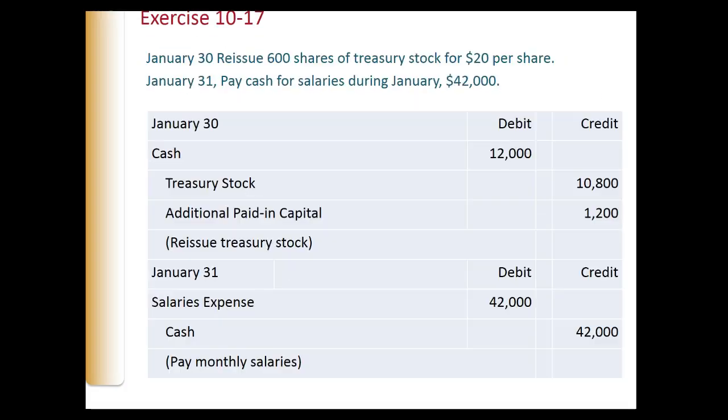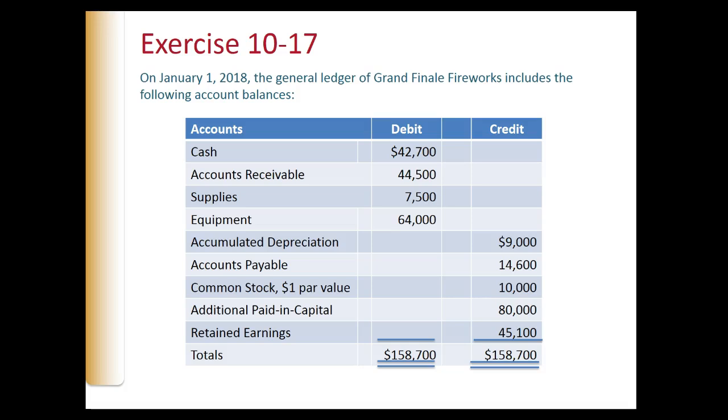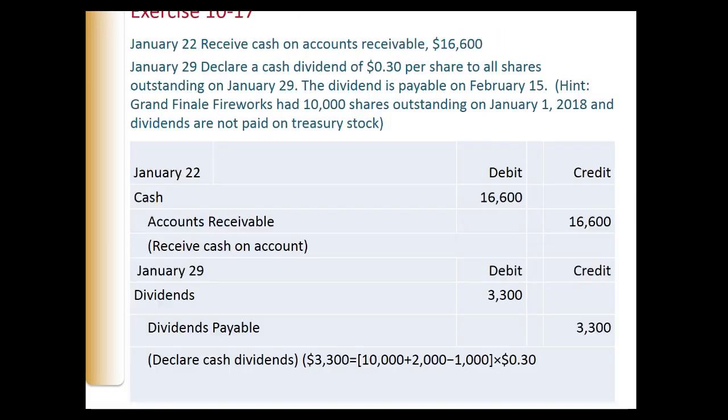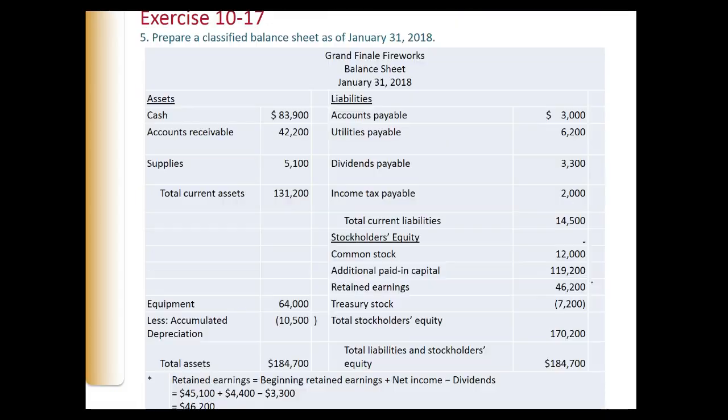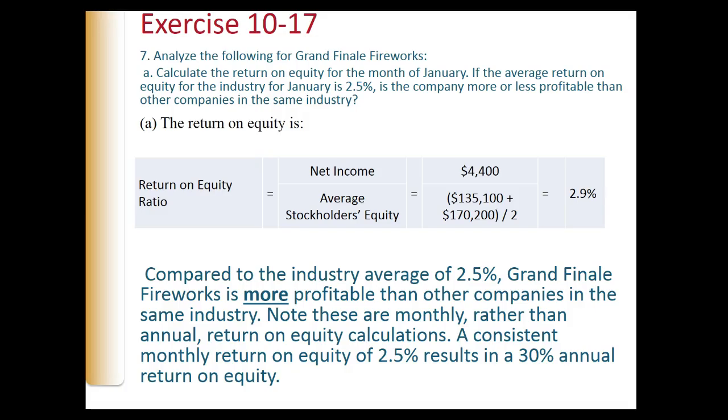As you see here at the beginning of the period, our stockholders' equity section is going to be our common stock, our additional paid-in capital, plus our retained earnings to give us our beginning stockholders' equity section of 135.1.